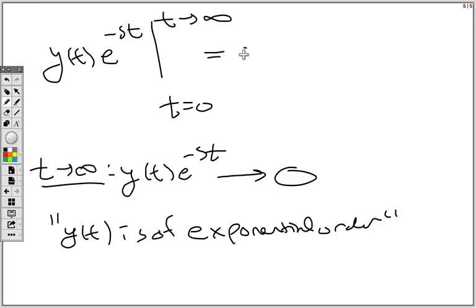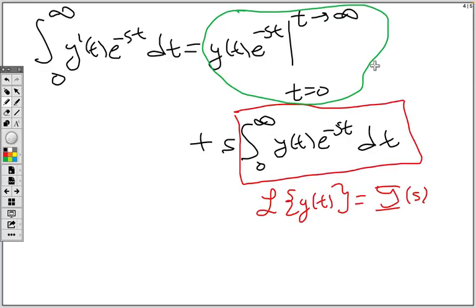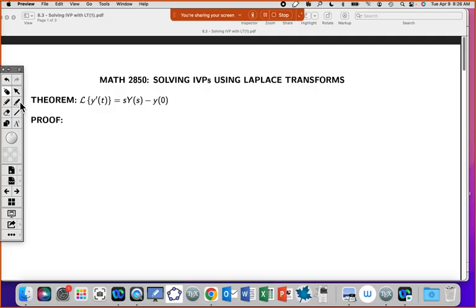And so this would be 0 minus what you get when you plug in t is 0, and so you get that minus y of 0. And so this piece goes to minus y of 0. That piece goes to the s times the Laplace transform, and that gives us our property.